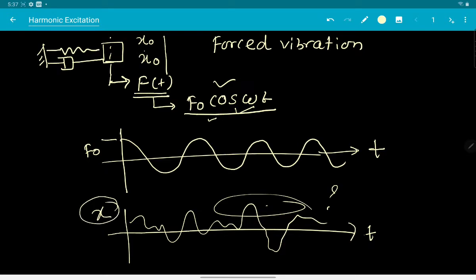what would x look like? In order to do that, let me first arrive at the differential equation. For that we'll draw the free body diagram of the mass. If we draw it, we see there is one spring force and one damper force, and along with these two forces there is one additional force, f0 cosine omega t, which is that f of t acting on this mass.